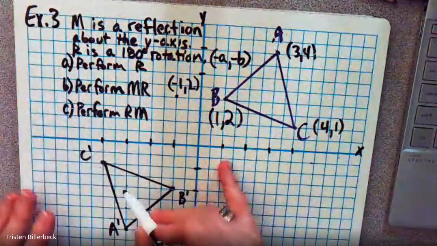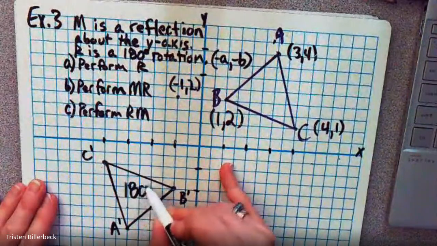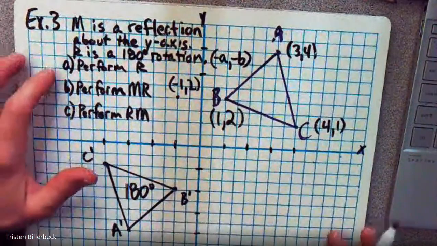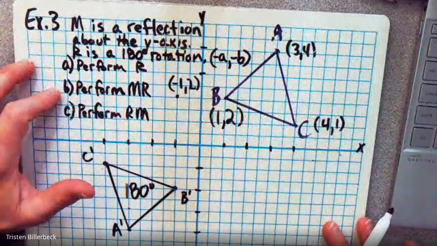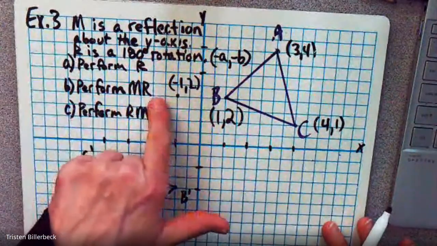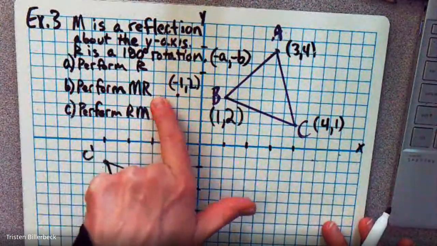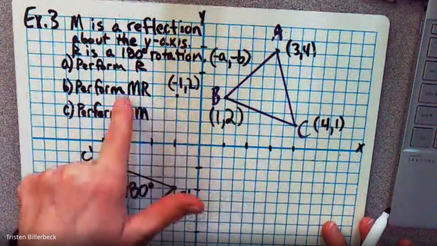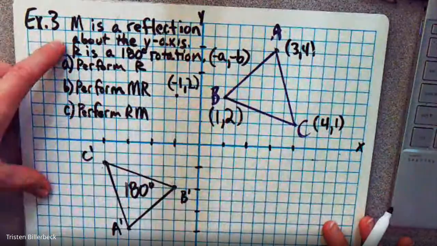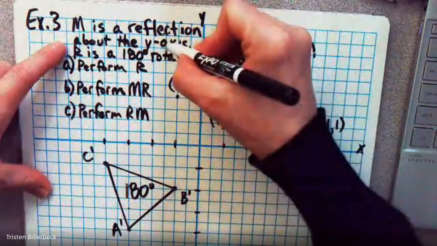That's my 180-degree rotation. Then perform MR. We did the rotation first because we go from right to left. Then we have a reflection about the y-axis.